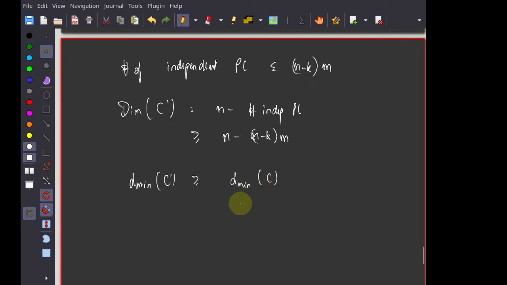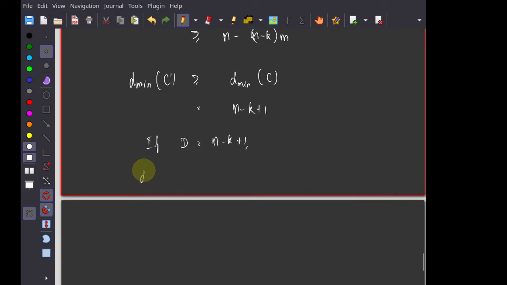So this is d min of C, but what was d min of C equal to? It was n minus k plus 1. So this is n minus k plus 1, right? Now if you want to think about it in terms of the dimension, let's suppose that we designed this originally for some distance capital D, D equal to n minus k plus 1.